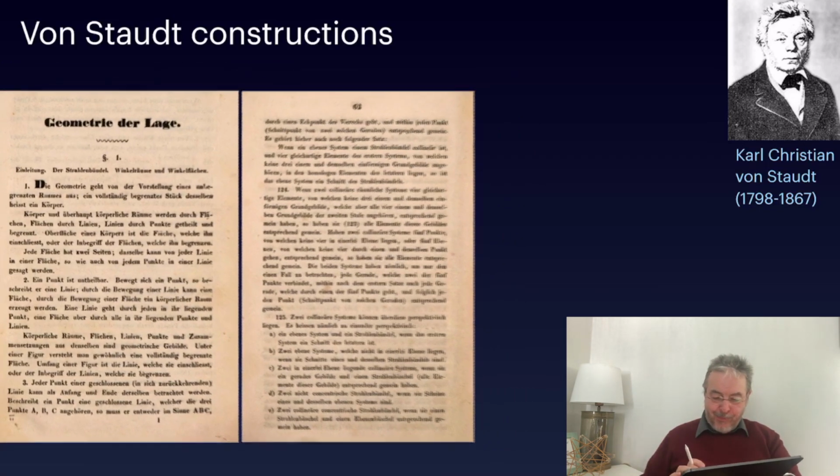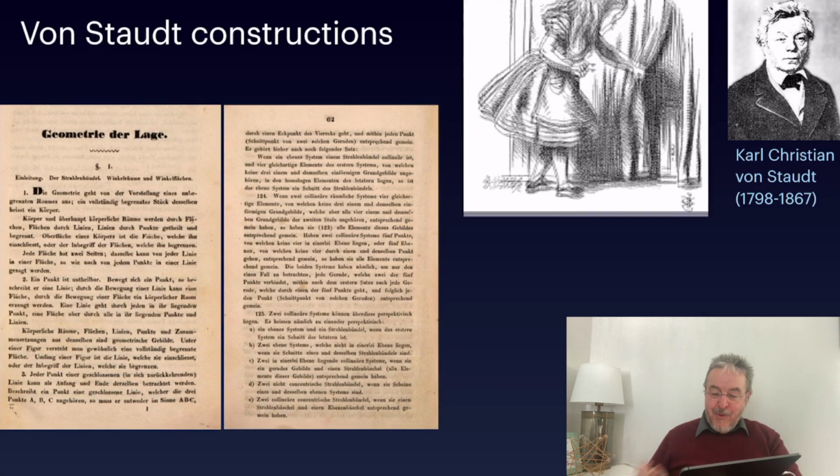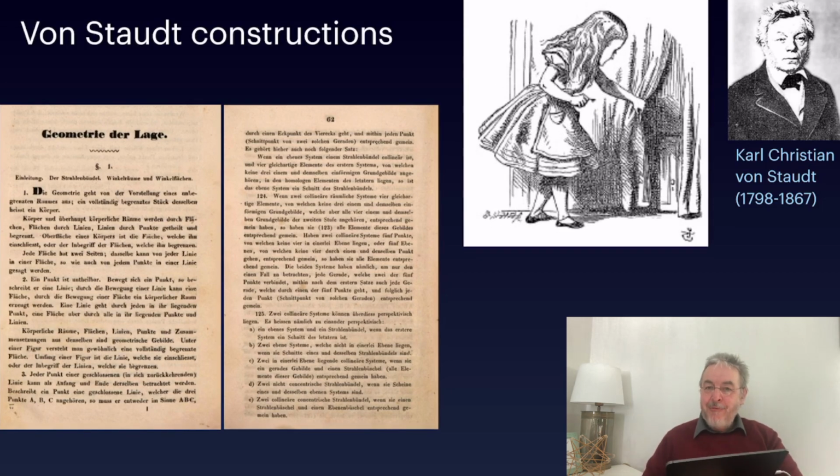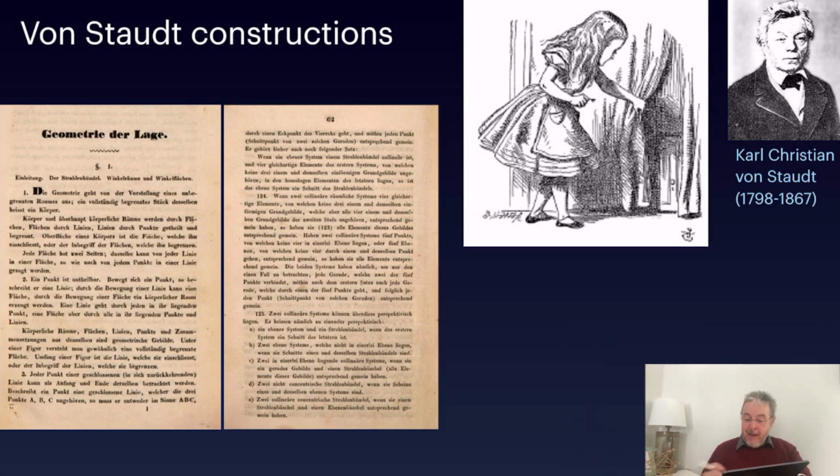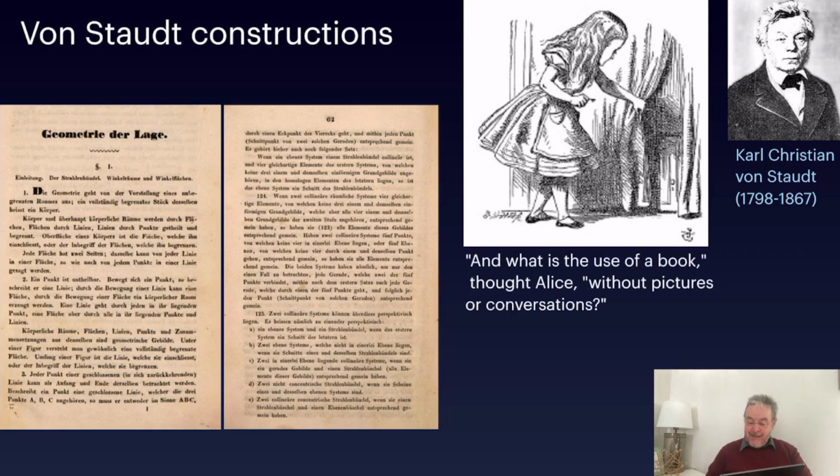And I cannot resist quoting Lewis Carroll and the first paragraph of his beautiful Alice in Wonderland book, where Alice asks, and what is the use of a book, thought Alice, without pictures or conversations? And as a mathematician I can add, and even without formulas. Well, the question is, what is the use of that book?